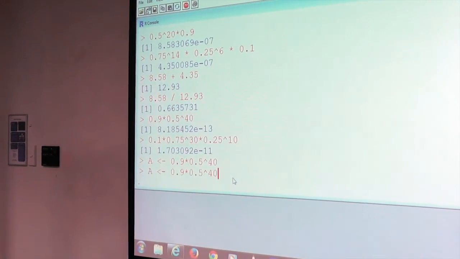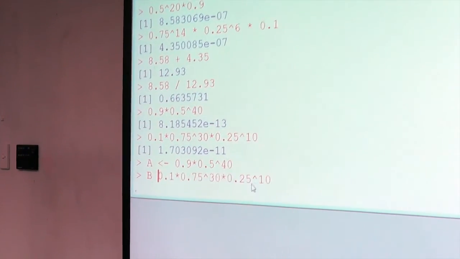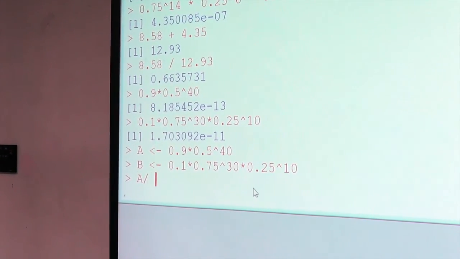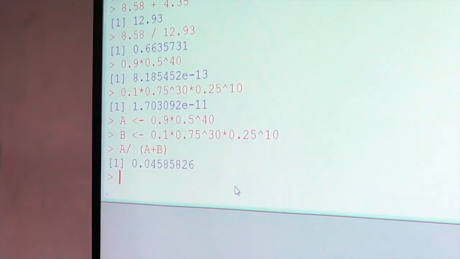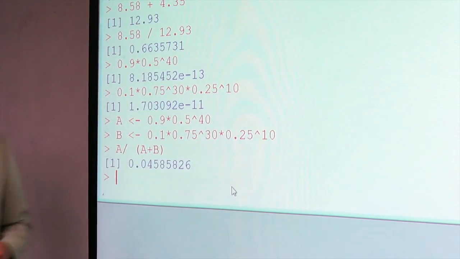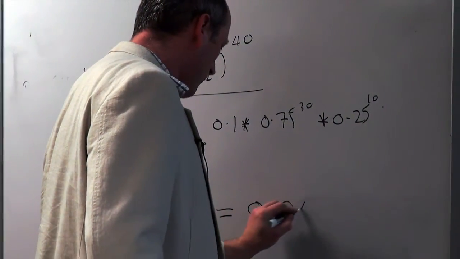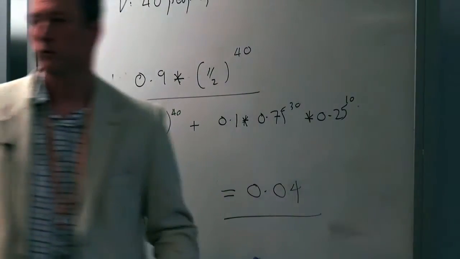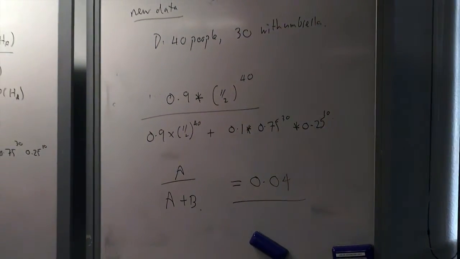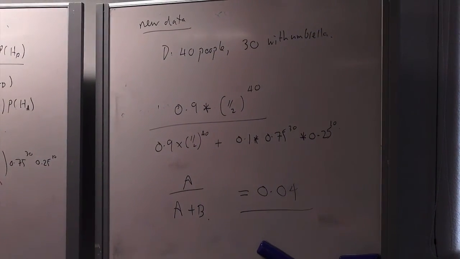A becomes that, and B becomes that, and I need A over A plus B. So that's the probability that I was right.